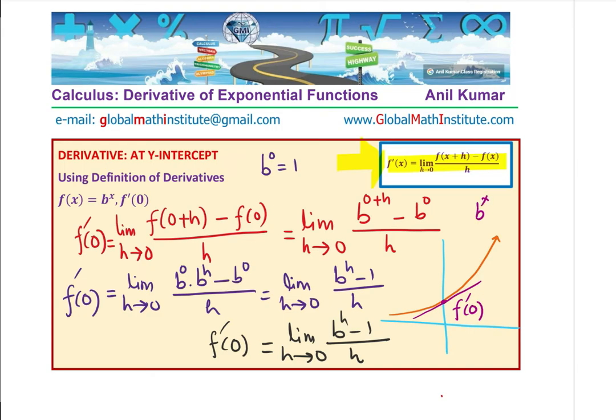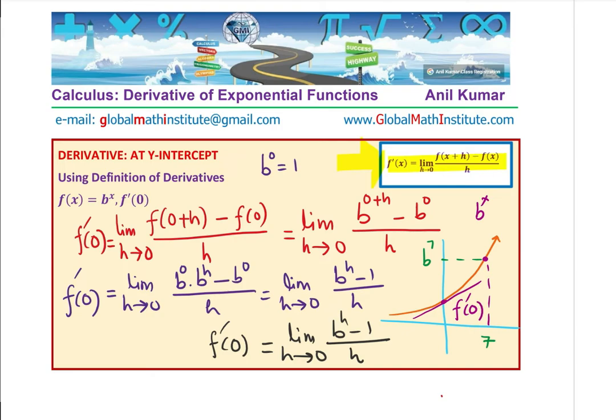Now if I want the derivative at any point, in that case, it is the value of this function. For example, if I take this point as, let's say, x value 7, then this will be b to the power of 7, correct?